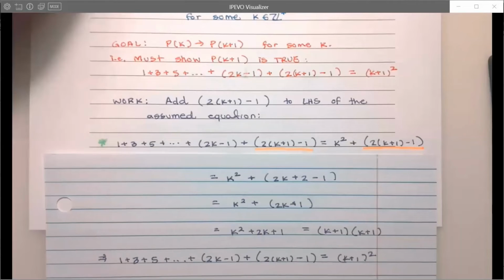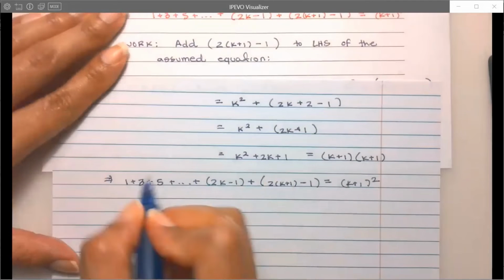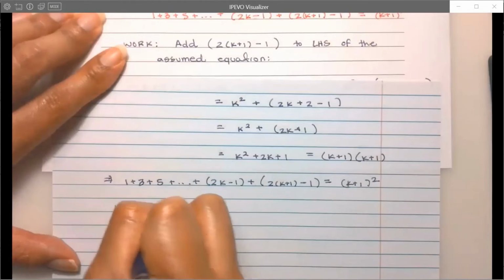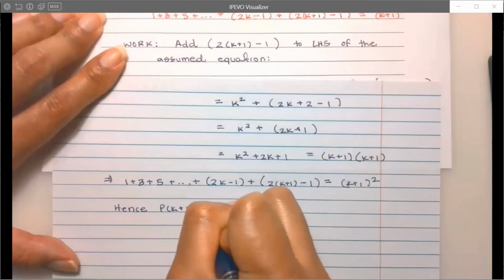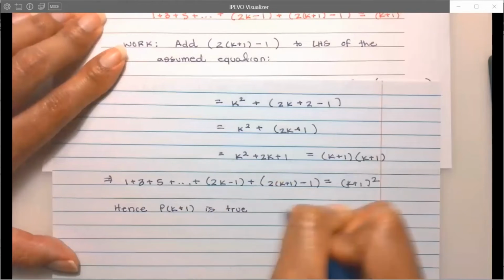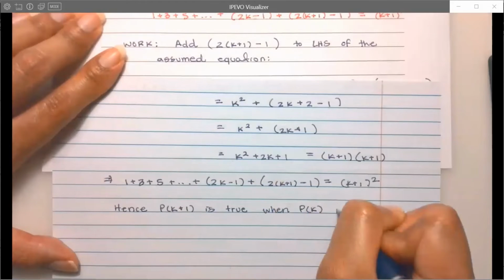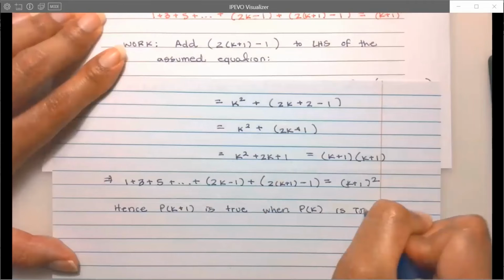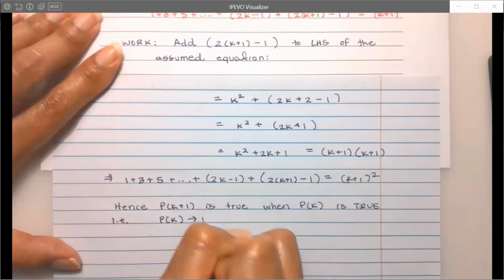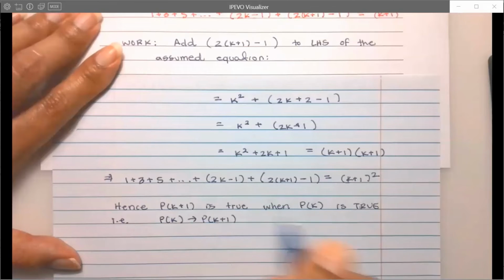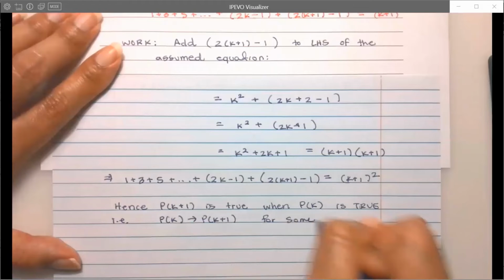Okay, so hence, let's write this down. Hence, P of k plus 1 is true when P of k is true, i.e. P of k implies P of k plus 1 for some k that is a positive integer.